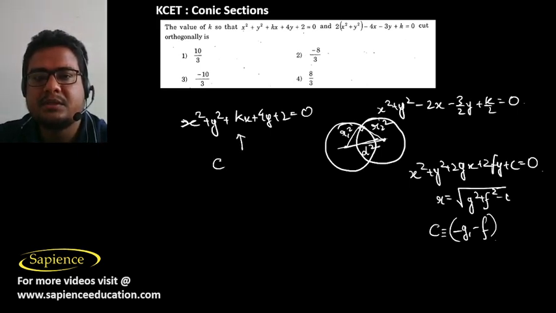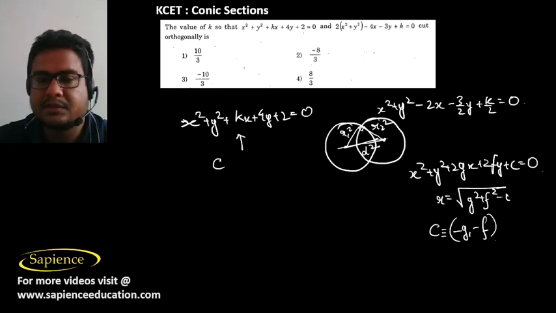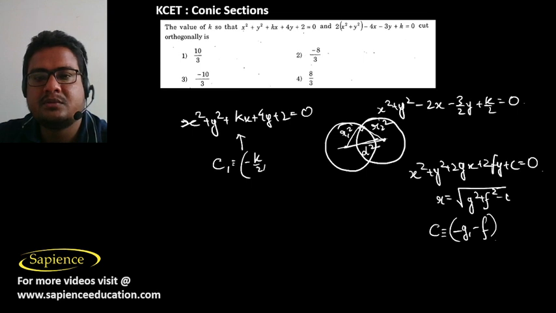So here the center c1 is given as minus k by 2 comma minus 2, and c2, the center, will be given as 1 comma 3 by 4.